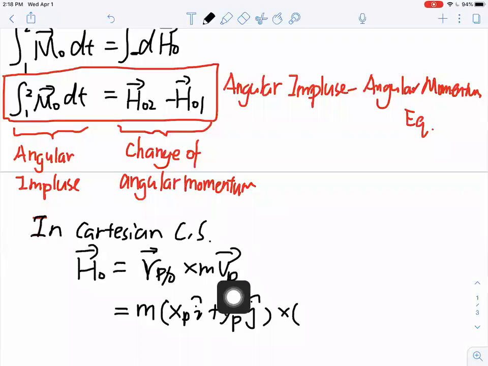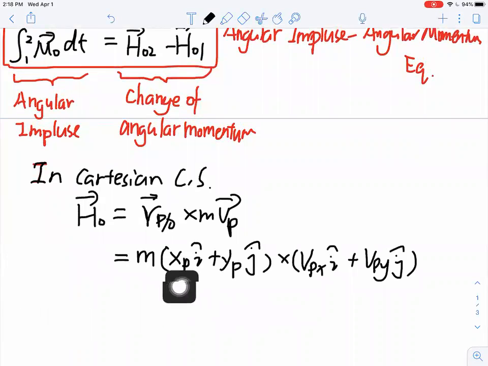In Cartesian form, that would be the velocity component in the x direction, which is i, plus the velocity component in the y direction, that's j.